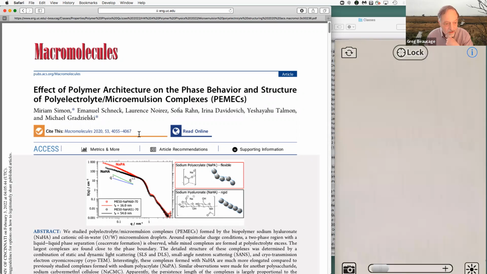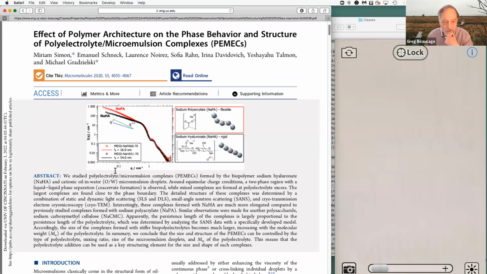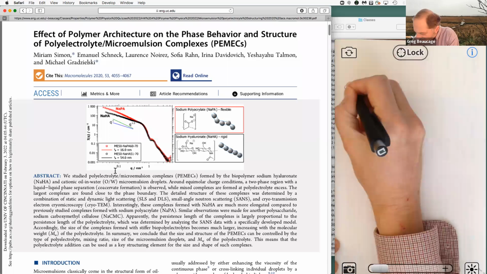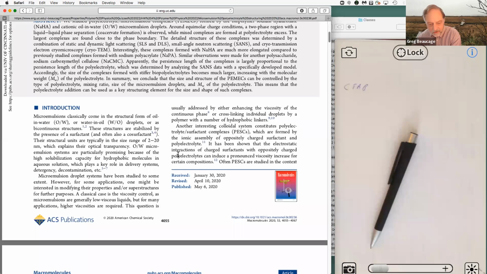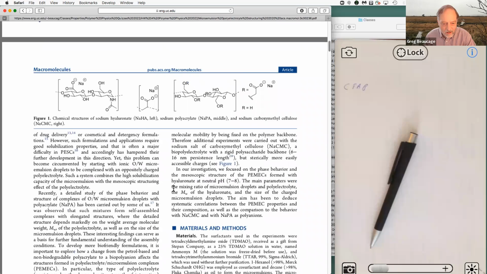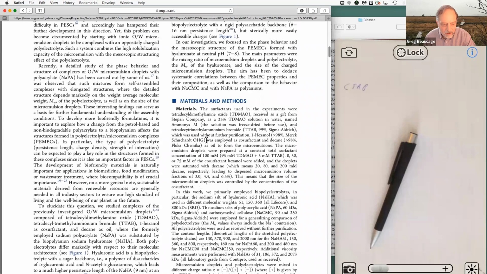So the vesicles are made with a cationic surfactant called CTAB that people use. It's a dual surfactant system. So they have the CTAB and tetradecyl dimethyl amine oxide, and they use the mixed surfactant system to make a more stable vesicle, I guess.